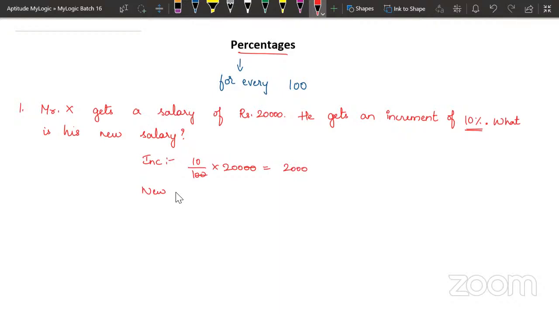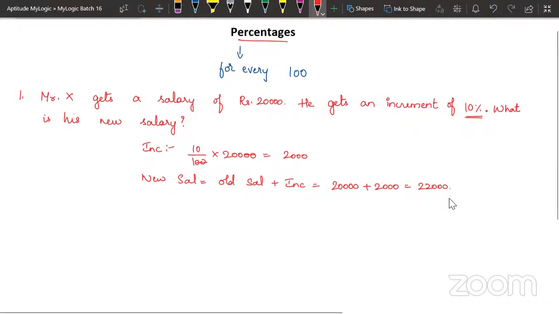Jyoti, not 44,000, it is 22,000 because we need to calculate 10% of 20,000. This is how we calculate it. Now, what is new salary? It is old salary plus increment, which is 20,000 plus 2,000, which gives you 22,000. This is the new salary of Mr. X. So the answer is correct. Madhu, Vandit, only those two students have given the correct answers. Okay, so this is 20,000, 22,000.